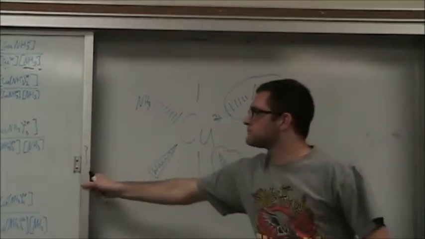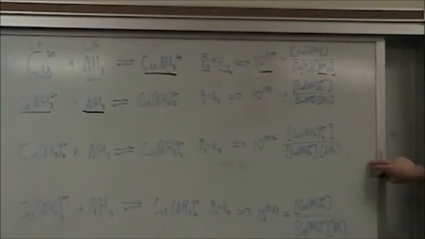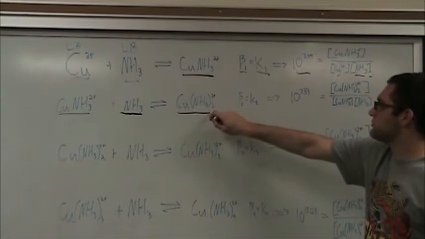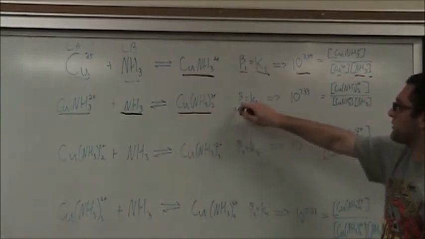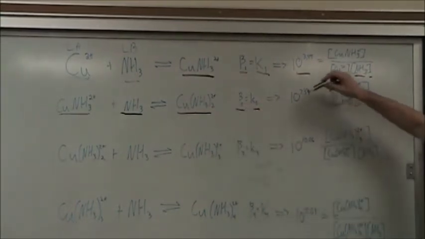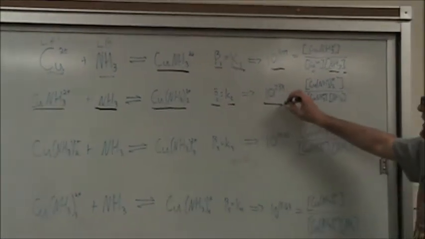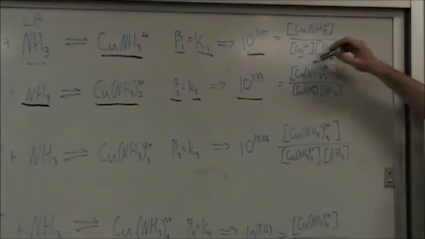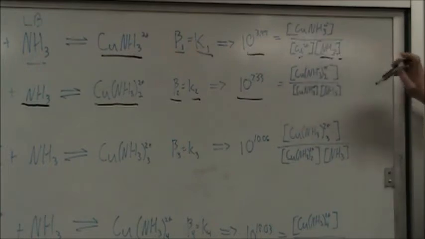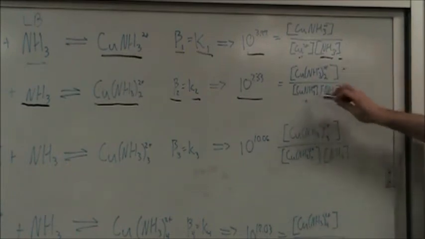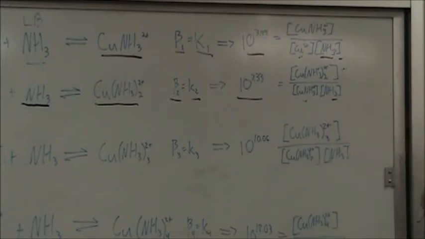So we now have formed a copper ammonia 2 with another beta, so with beta 2 and K2. The beta here is higher because you're adding another ammonia, so 10 to the 7.33, and again you have your KSP equation, which is the product, copper ammonia 2, over the copper ammonia times the ammonia.